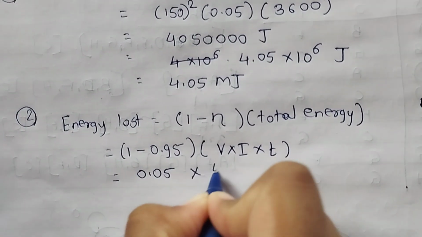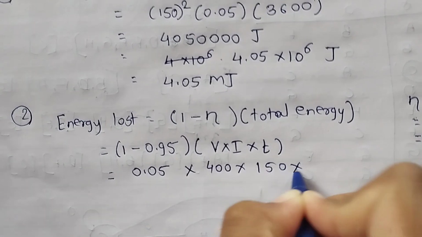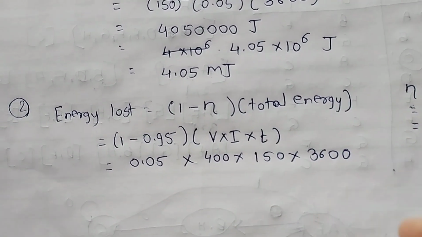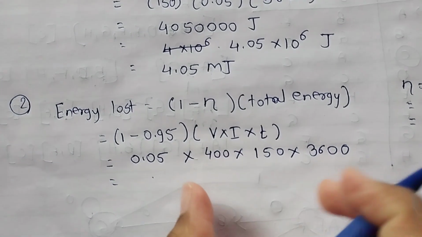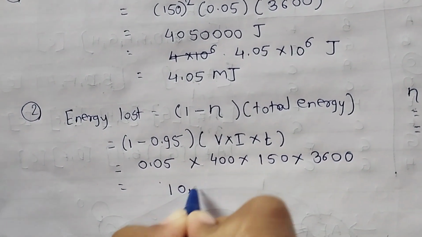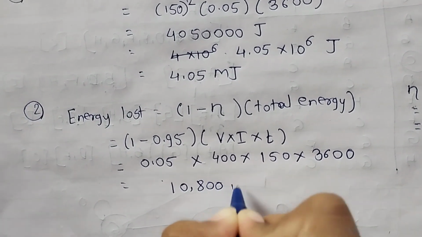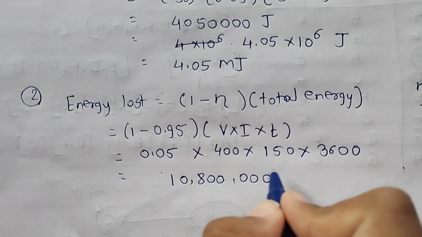So we write here 400 into 150 into 3600. Calculating the equation, we get 10,800,000.